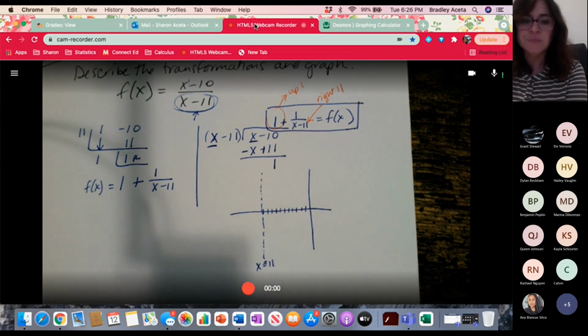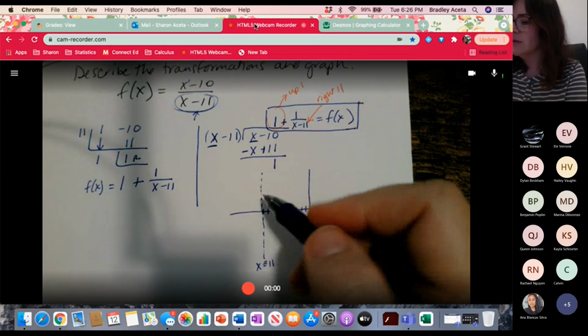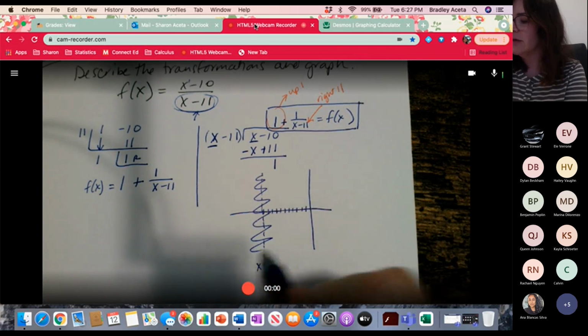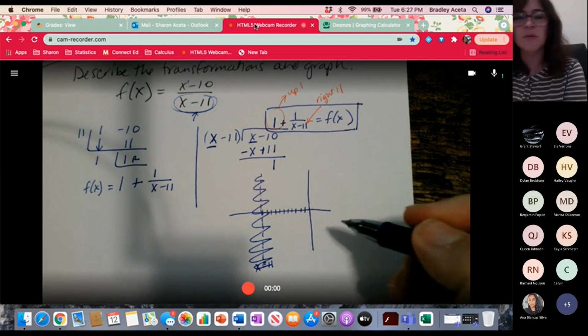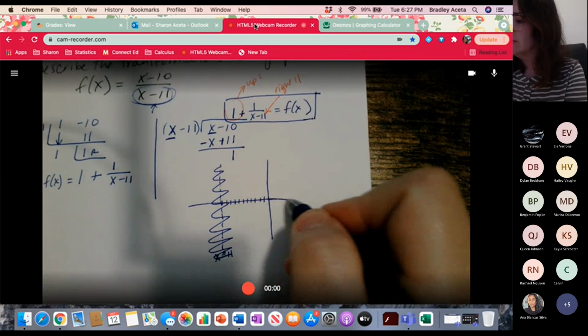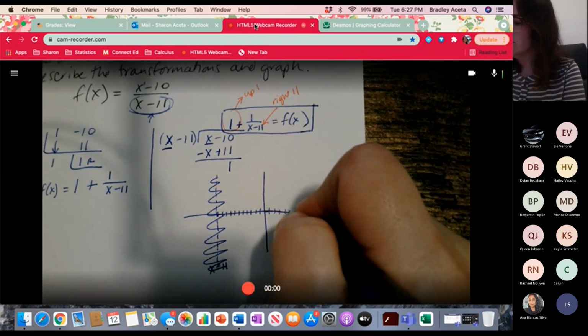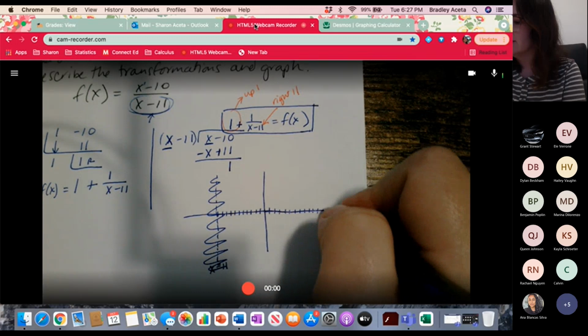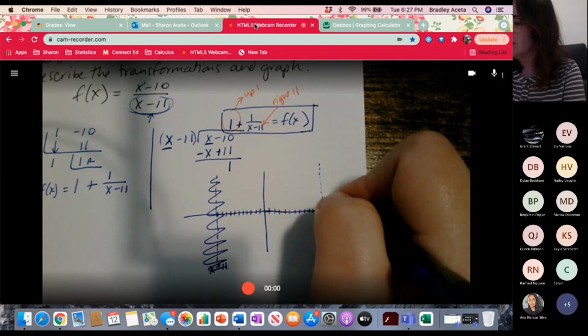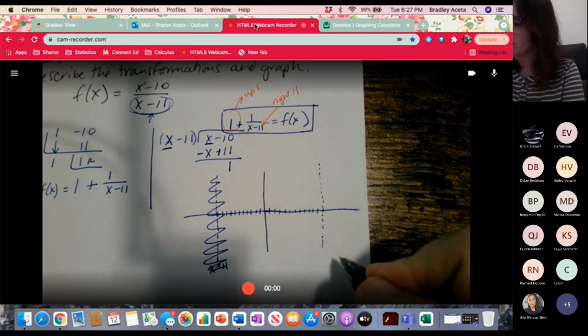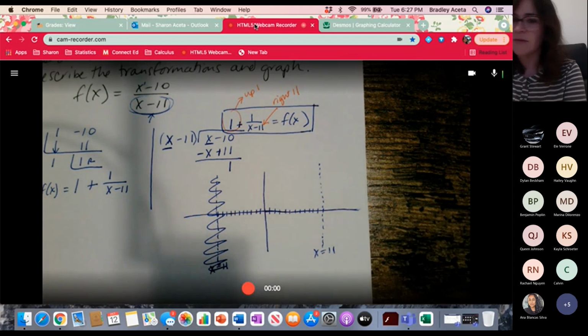I just went the wrong way, didn't I? I just went left. Ignore everything I just did. I don't even know my right from my left, and I even wrote it up here right. 1, 2, 3, 4, 5, 6, 7, 8, 9, 10, 11. There we go. That's better. X equals 11.